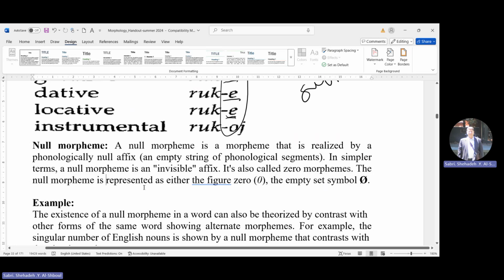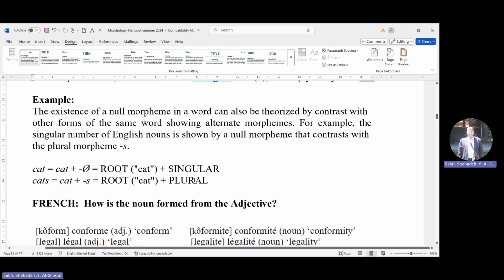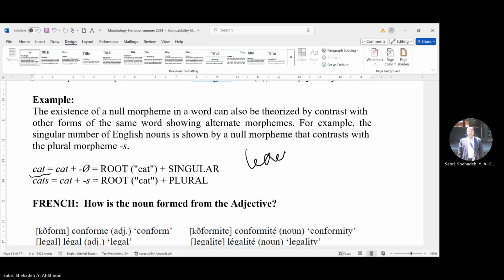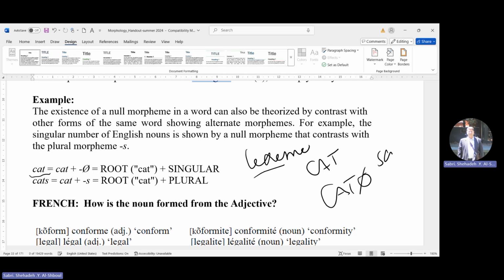So a null morpheme is a kind of invisible affix, you cannot see it. It is called zero morpheme. It is represented as either zero or empty with features. So here, for example, when we look at the lexeme cat, when it is singular, it is also cat, but with a kind of zero morpheme representing the singular form.